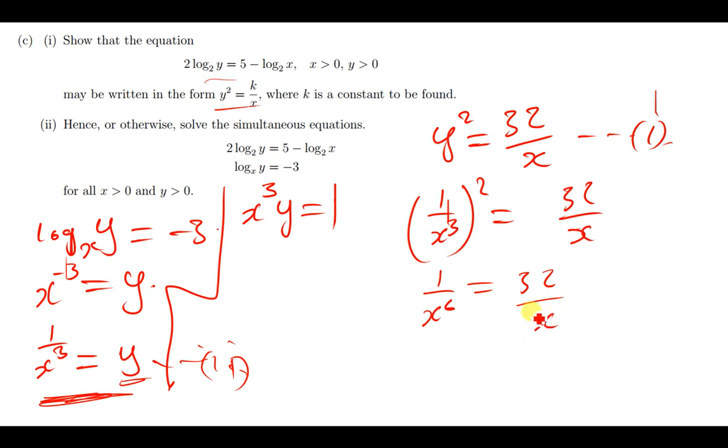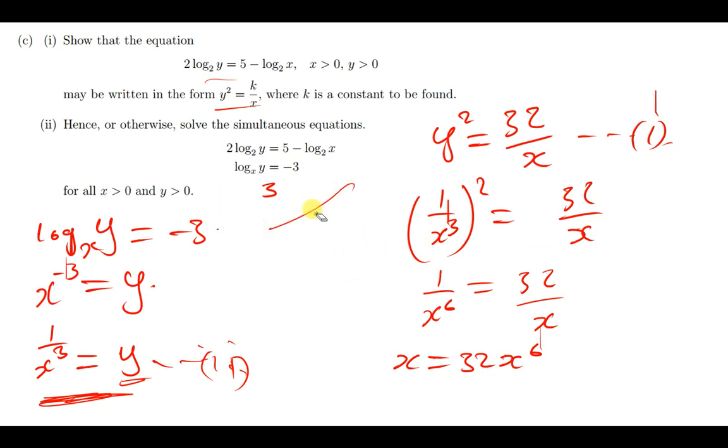So from there what we can do is we can cross multiply. So we're going to have x is equal to 32 x to the power 6. Then we take everything to one side. So when you take everything to one side, let me just erase this part.